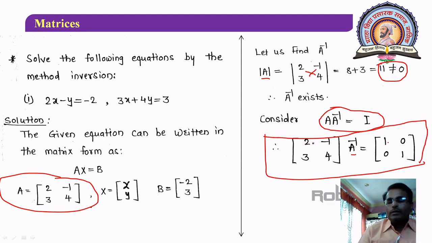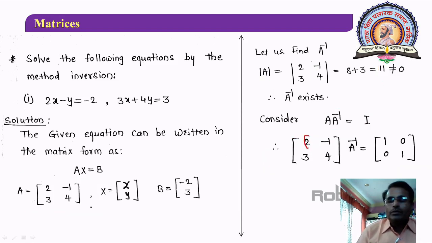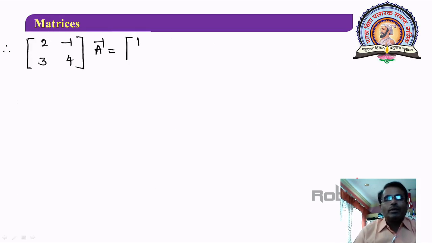To find A inverse, our steps are to convert this to 1, then convert this to 0, then convert this element to 1, and then finally convert this element to 0. We know that we are going in an anti-clockwise direction. In the last lecture I explained how row transformations are used to find the inverse of a matrix. So let us see how to find. So next step will be, so this is your system, A into A inverse is equal to I.